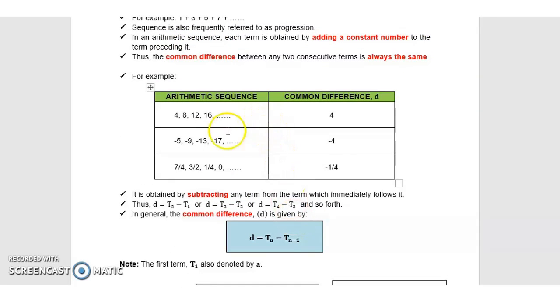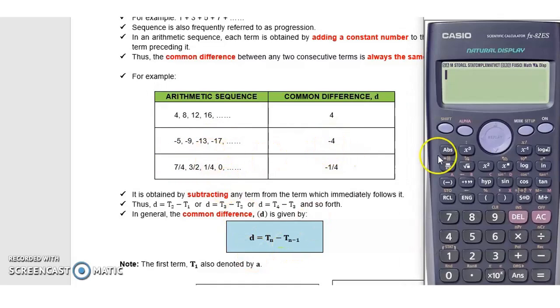Recall back for common difference here. Let's say this second example, how we get negative 4. If you want to prove how to get negative 4, it will be T2 minus T1. So T2 negative 9 minus negative 5, you get negative 4. Or T4 minus T3. It must be T4 minus T3.